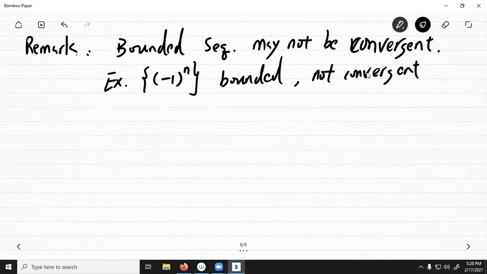So now let's look at the next definition, which is dense. I'll just repeat this definition again.